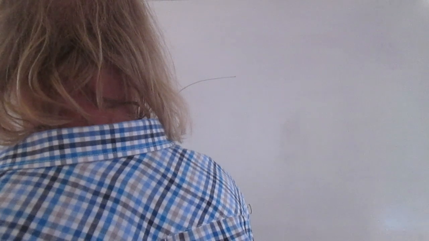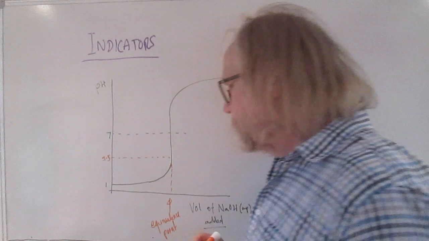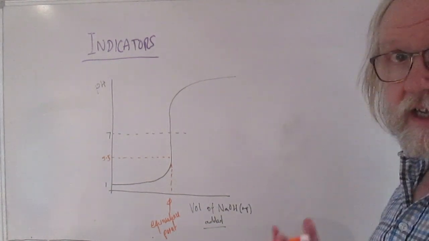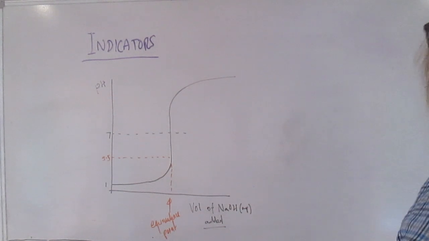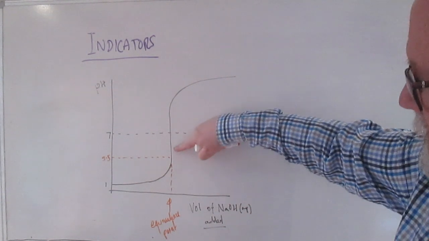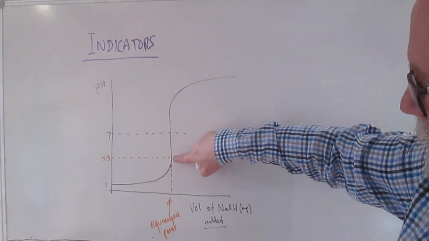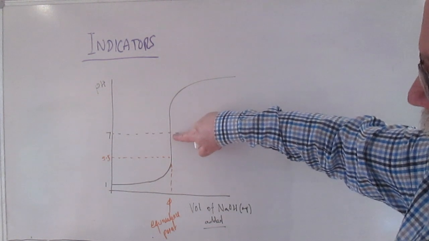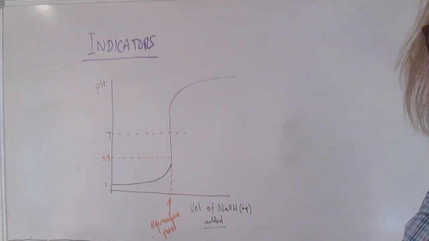So if we mark 3.5 on here, it's going to come somewhere there. And now hopefully you see why you get away with this. Because this region is near vertical, the volume when you reach that point where it's 3.5 and the volume where you reach that point where it's 7 is very, very similar.